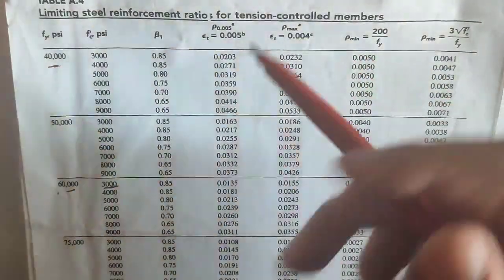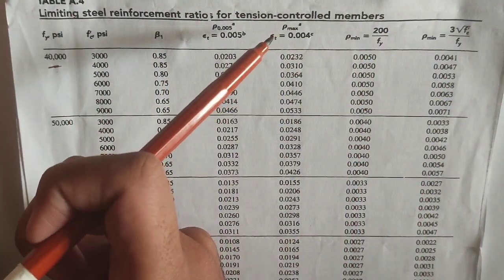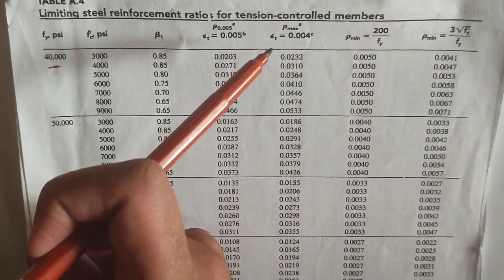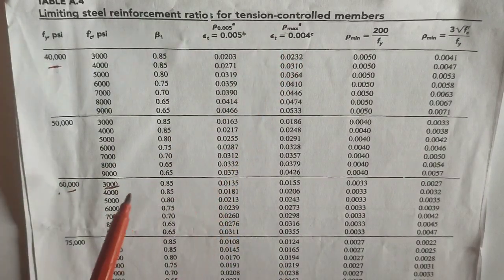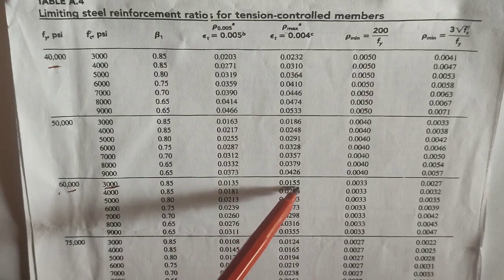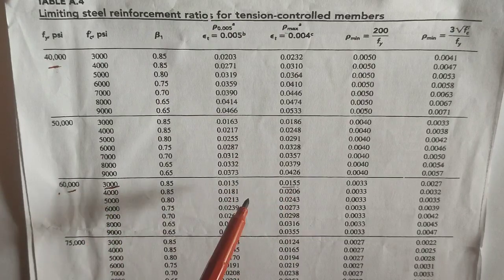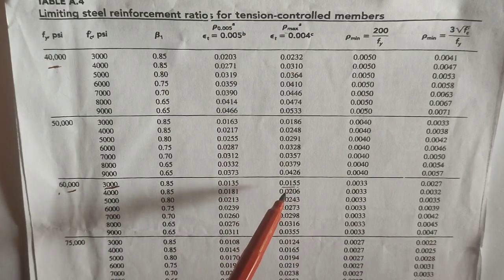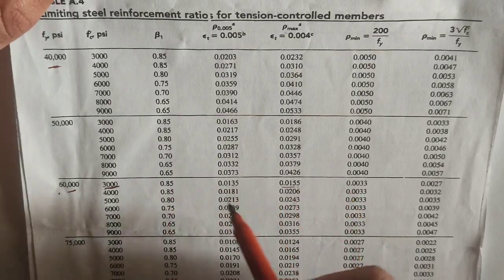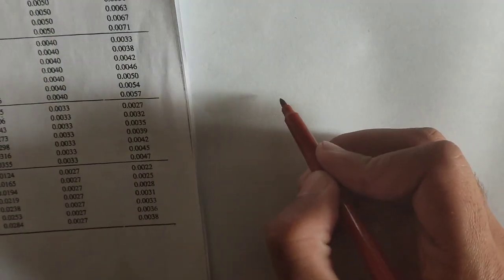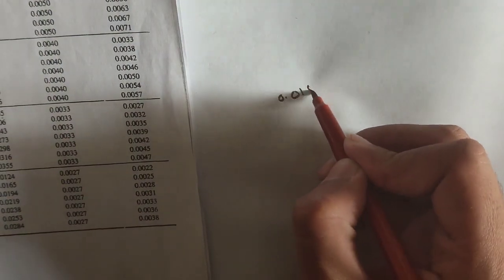This column will give us the maximum value for our beam. So this is rho maximum. This one will be the maximum reinforcement value of rho for my beam. How will I use this? I will use it like this: 0.0155.